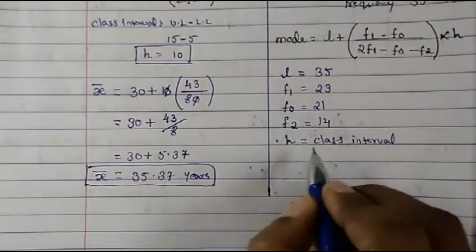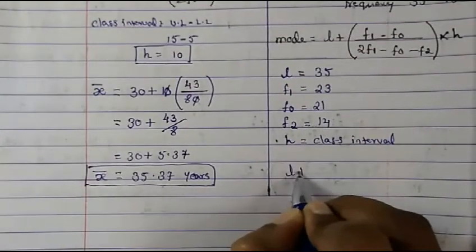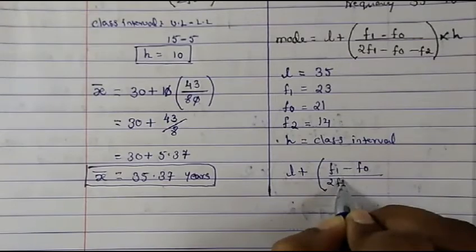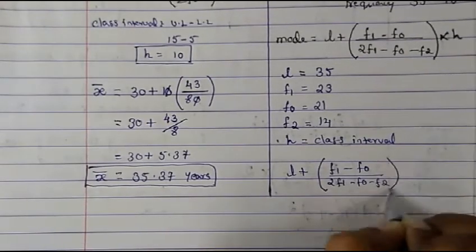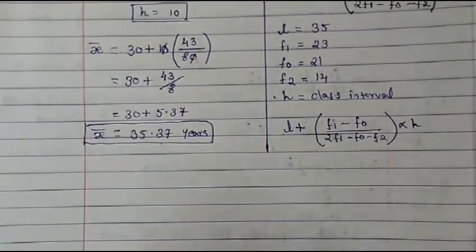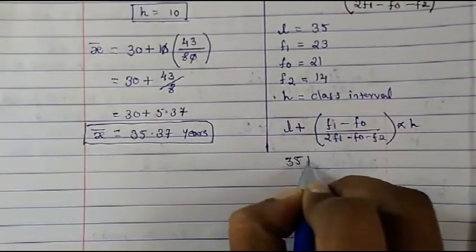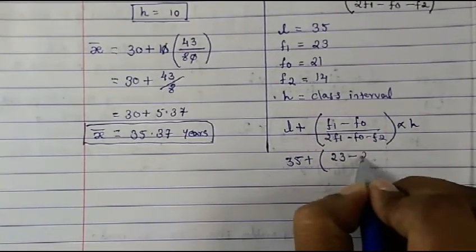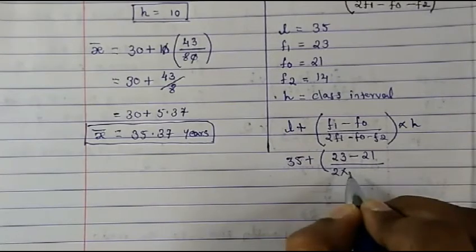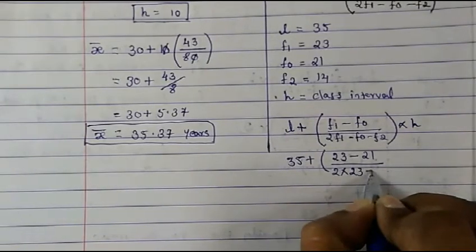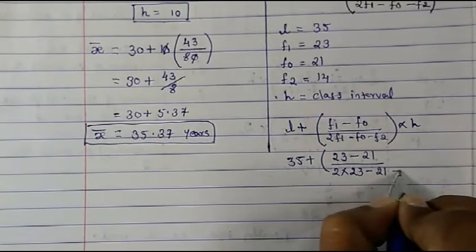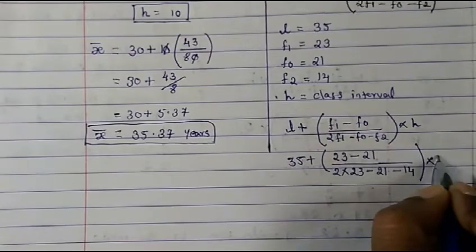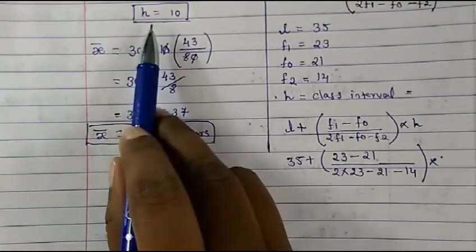Okay, now just put the values in the formula. L plus F1 minus F0 divided by 2 into F1 minus F0 minus F2, into H. So L is 35 plus F1 is 23 minus F0 is 21, upon 2 into F1 is 23 minus F0 is 21 minus F2 is 14, into class interval. Class interval we have found out here, right? 10.